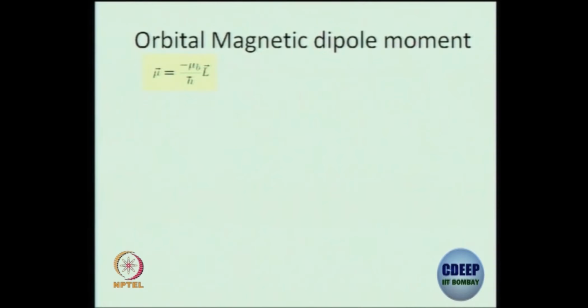You all know this, right? The Bohr magneton multiplied by the orbital angular momentum is the magnetic moment. This is the Bohr magneton, and L is the angular momentum.